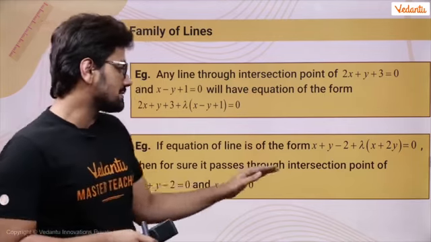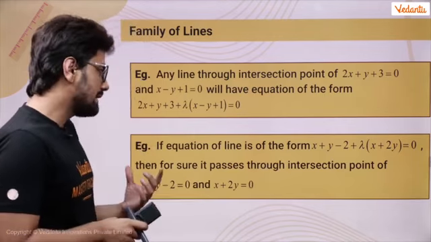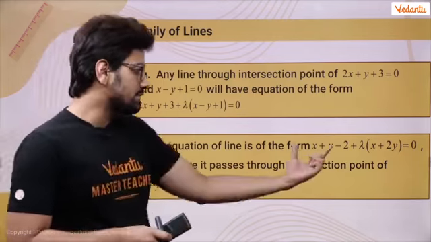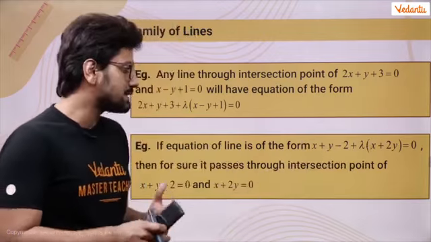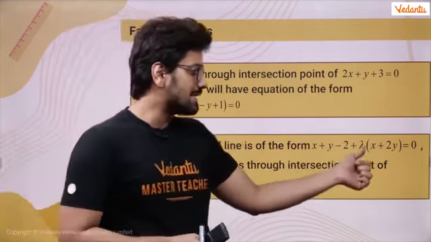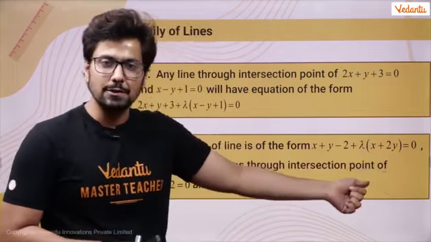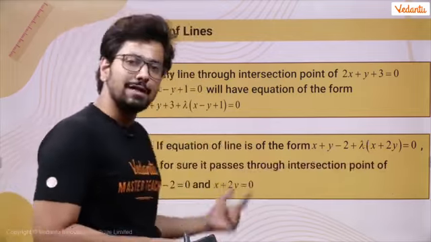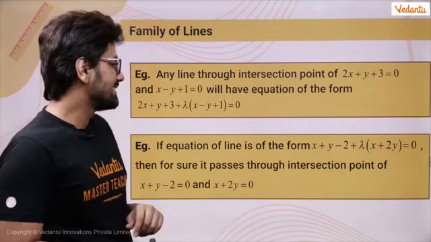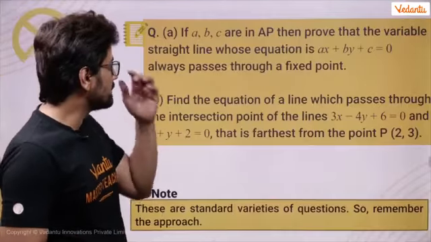Then for sure it passes through the intersection point of x plus y minus 2 equal to 0, which is L1 over here, and this is the line L2. You can observe it in the format L1 plus lambda times L2 equal to 0. This is the equation of L1, this is the equation of L2. Clear?